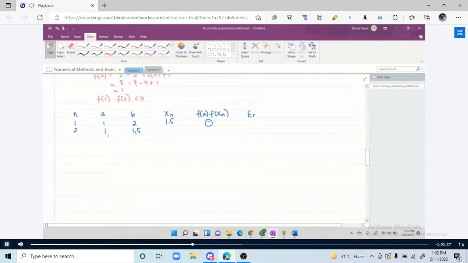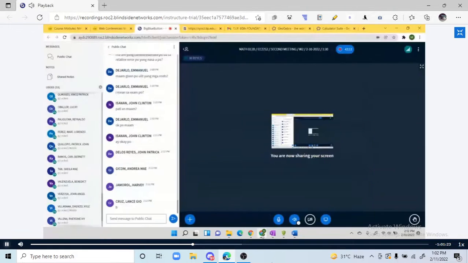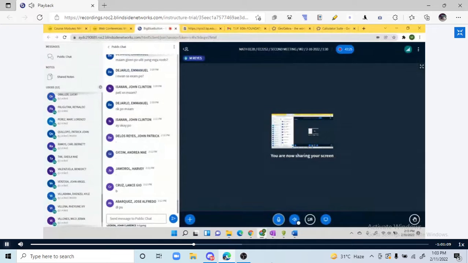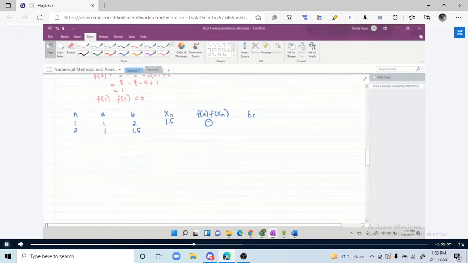You think 1.8019 is in between 1 and 1.5? Change B, tama yon. Kung negative, we change B. Kung papalitan natin yung B ng 1.5, is 1.8 in between 1 and 1.5? No, di ba? So, ibig sabihin, pag dito pa lang sa second iteration, may mali ka na.